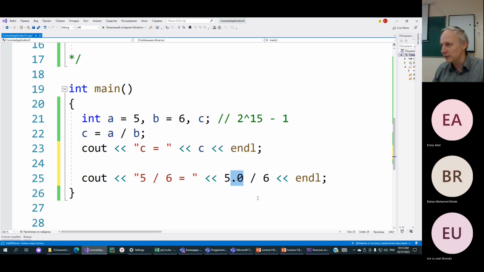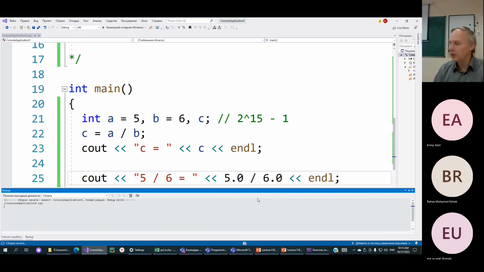But in programming, there is a difference because 5 is an integer constant and 5.0 is a real constant, a number with a fractional part. And here 6.0. When I write 5.0 over 6.0, the result of this operation will be real, and we see the real answer.